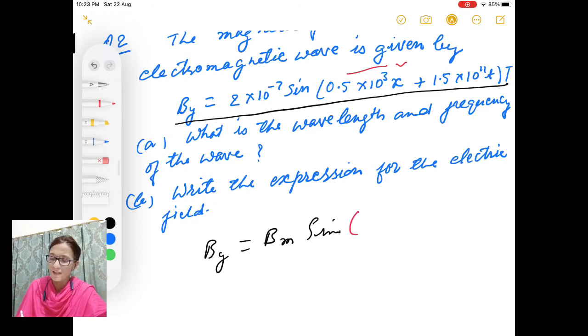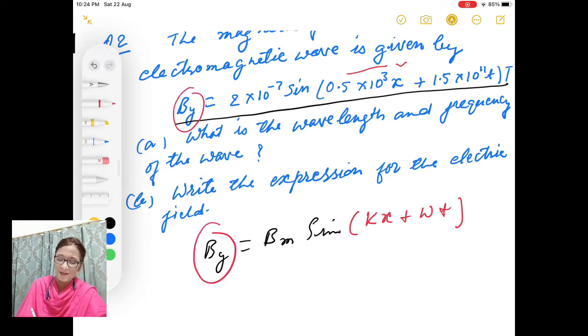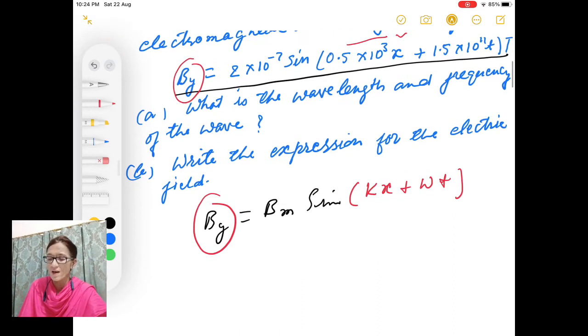So in place of that you can write kx plus omega t. Now you will compare the two equations. The right hand side is equal, so each term of the left hand side should also be equal.